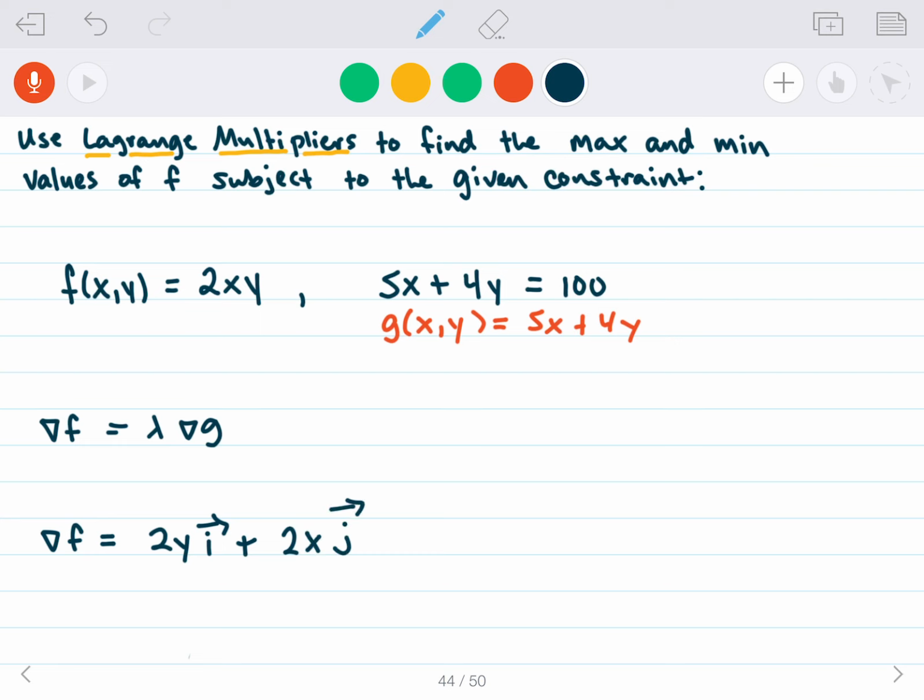All right, so that's my gradient of f. Lambda times gradient of g. So if we take the gradient of g with respect to x, it's going to be 5i, plus 4j with respect to y. Can't forget our lambdas though.